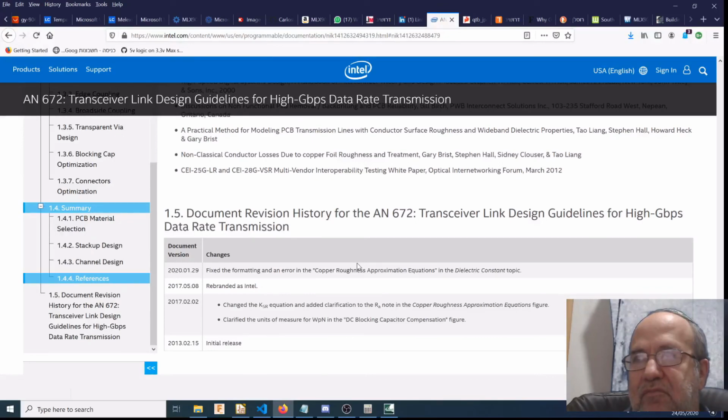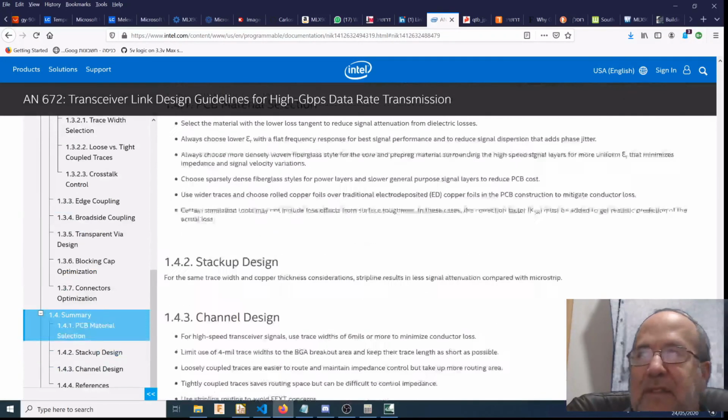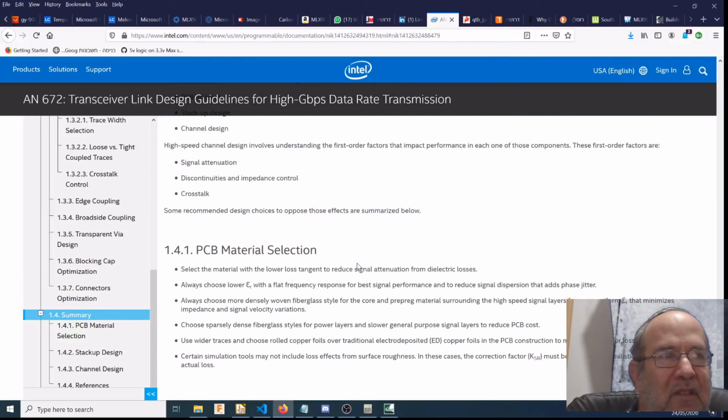Okay. And I've basically gone over on a very high level what was described in this application note.